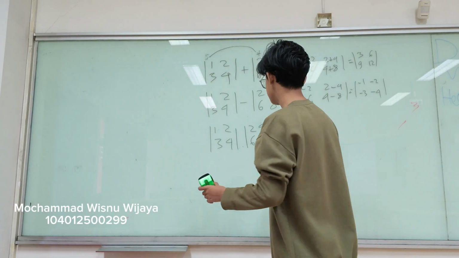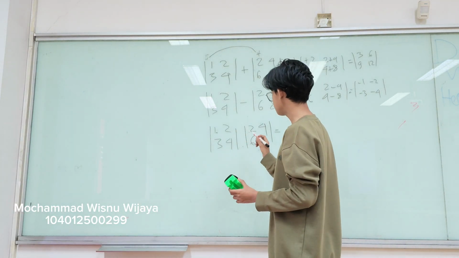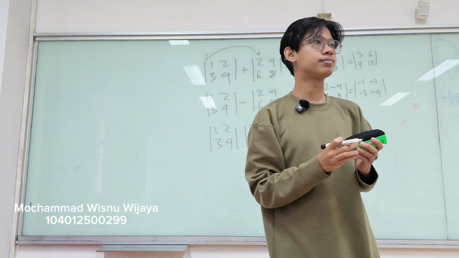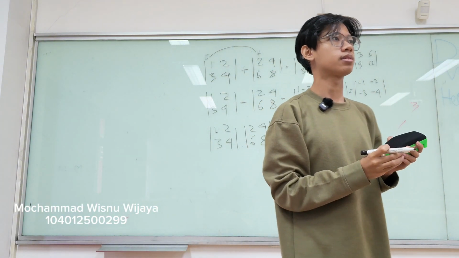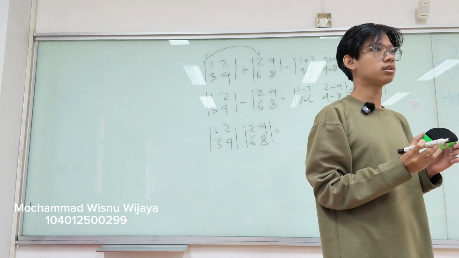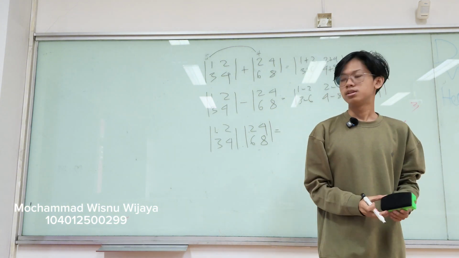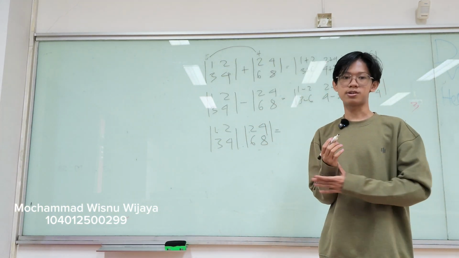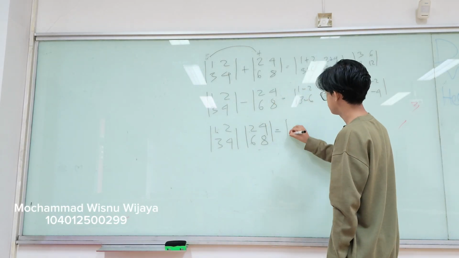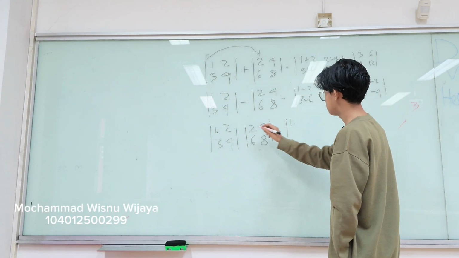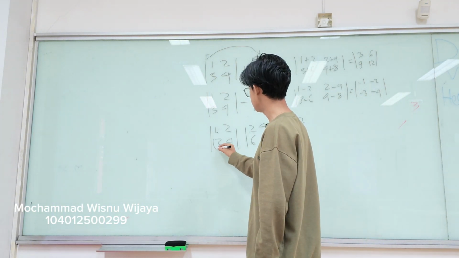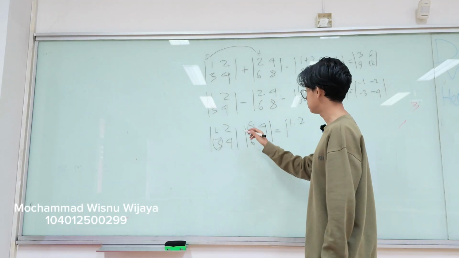Next is times: 1 times 2. Next, the second column is 3 times 2.